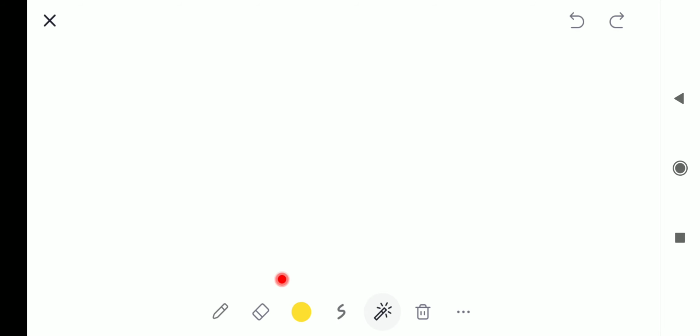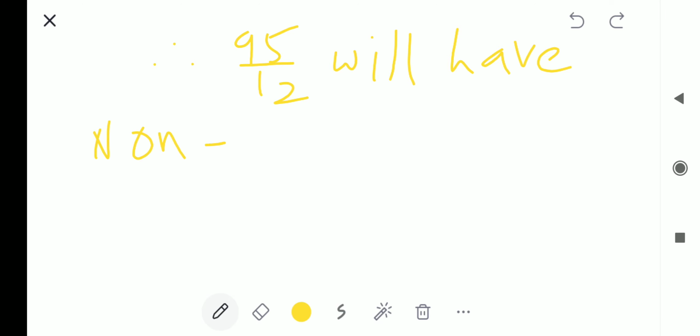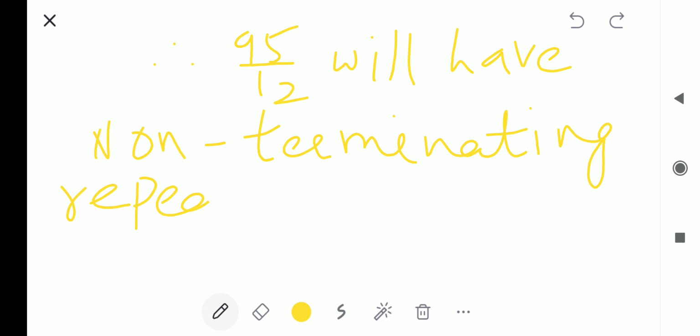So I can conclude that 95 by 12 will have a non-terminating repeating decimal.